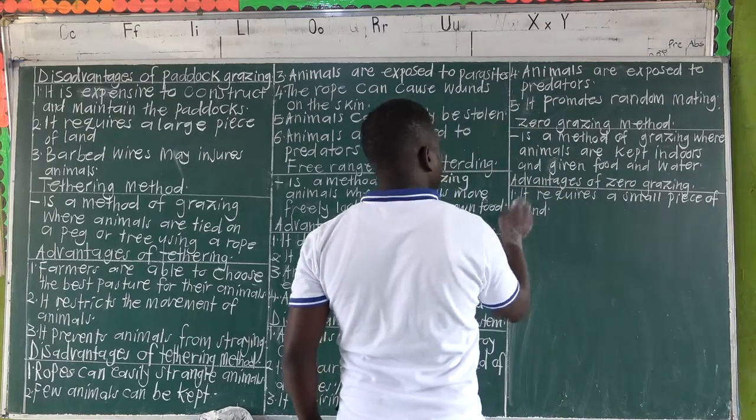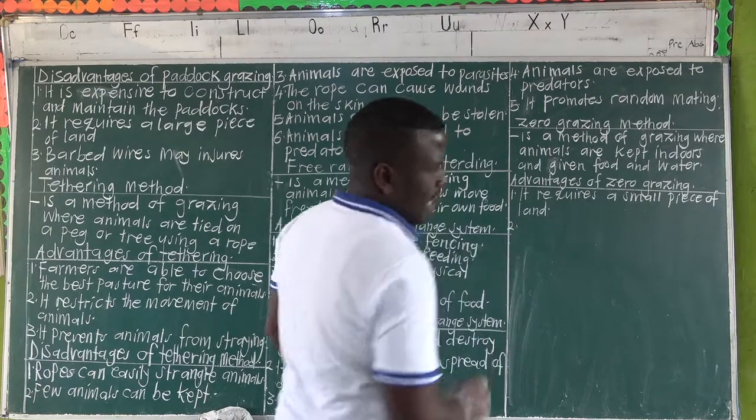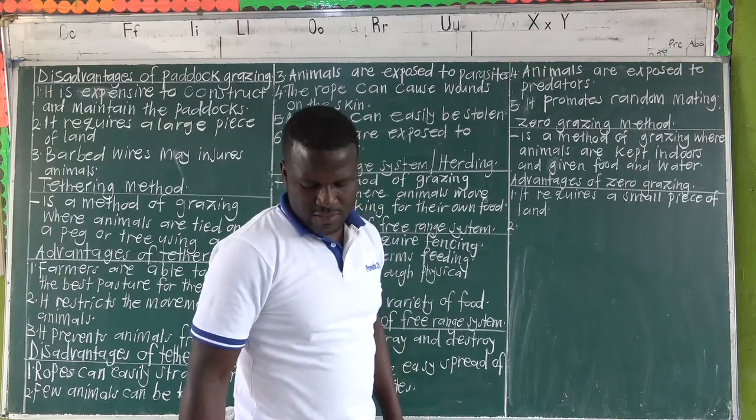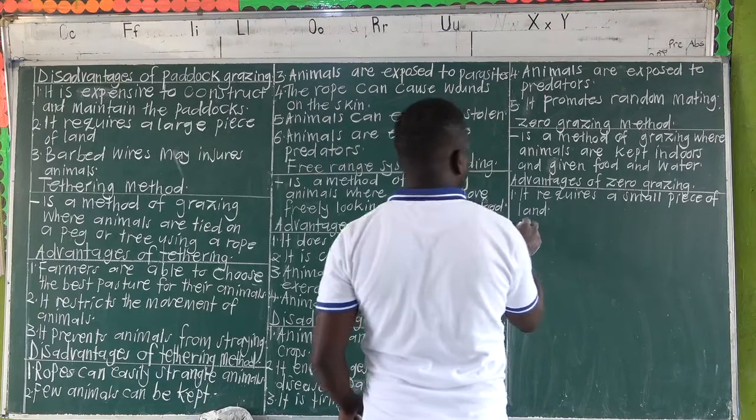Number 2, animals are easily controlled and monitored, or it is easy to control and monitor animals.